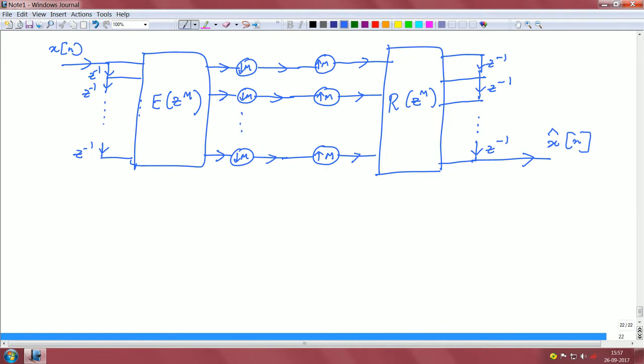Now, this is not enough for us because it is difficult to analyze how the polyphase filters E of z power m and R of z power m behave, right.